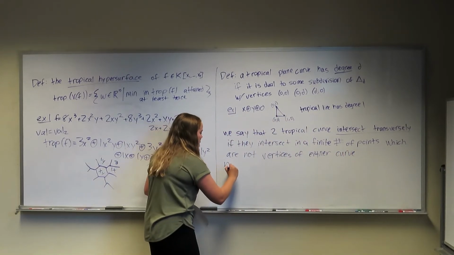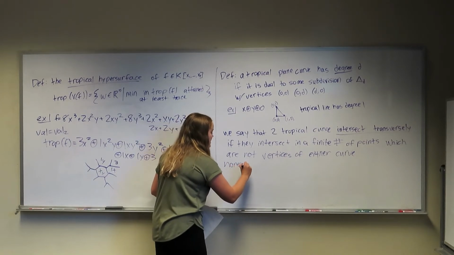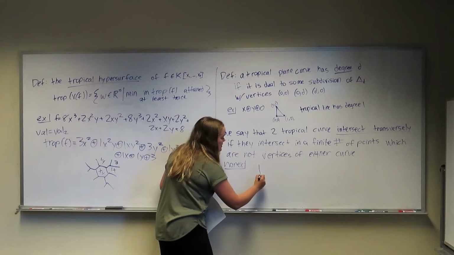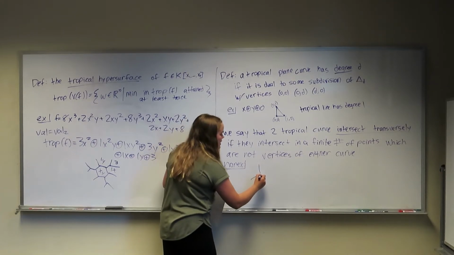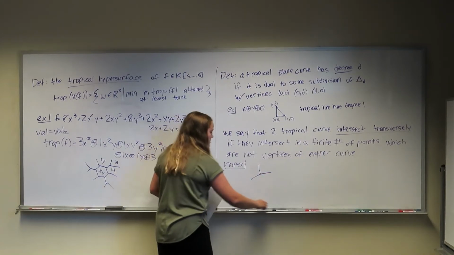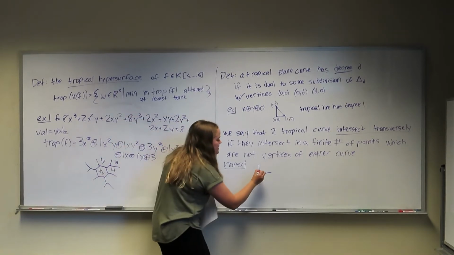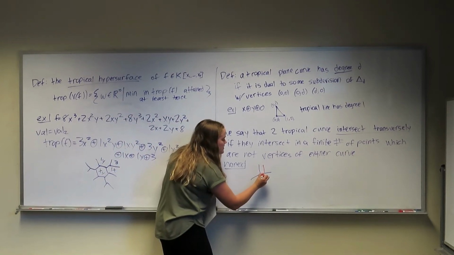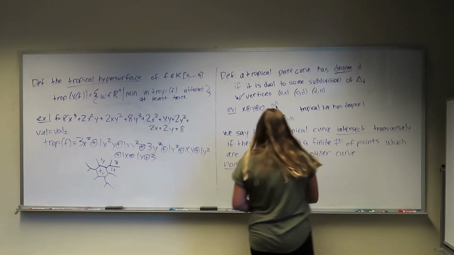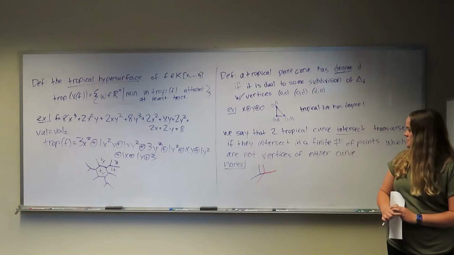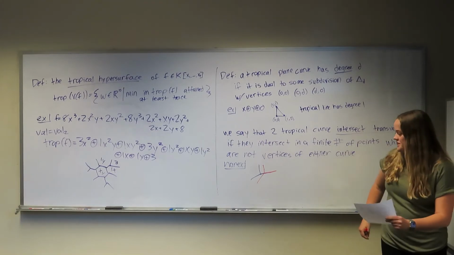Some non-examples, things that are not intersecting transversely, would be if you had a line that looks like this, and then another line where their intersection is a whole line segment, because that's not a finite number of points.